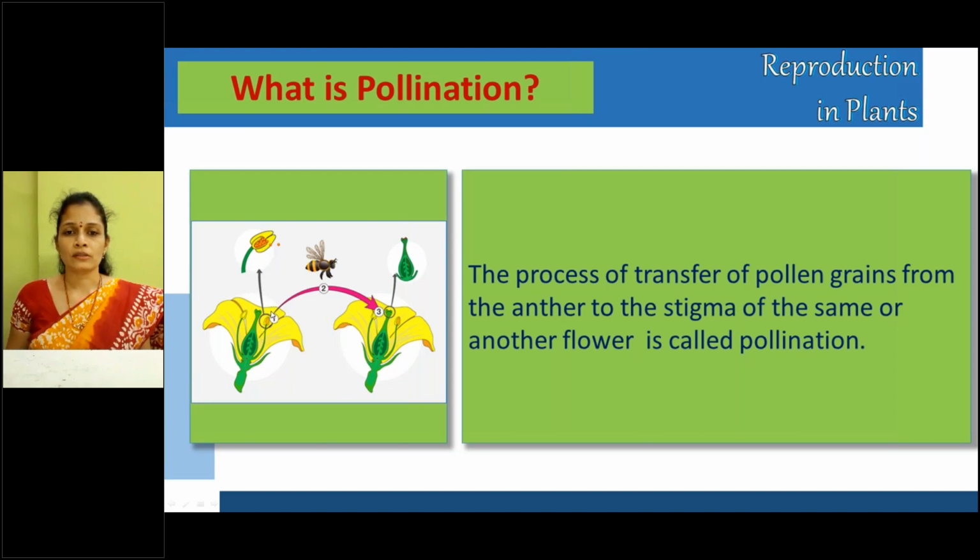The transfer of pollen grains from the anther to the stigma of the same flower or another flower is called pollination.